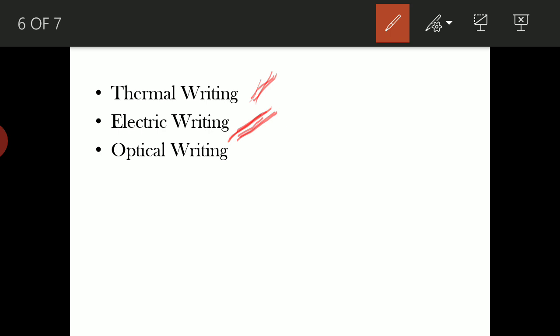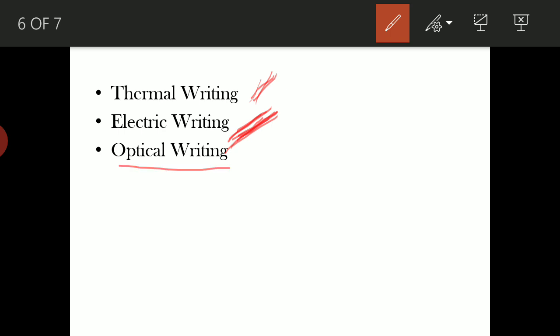The pen is usually held at about 35 volt potential and this is used to write over this special paper. When the pen is made to touch the surface, the aluminum foil will be removed and the dye will be revealed. In this manner, we can record data or signal onto the paper using the electric pen.